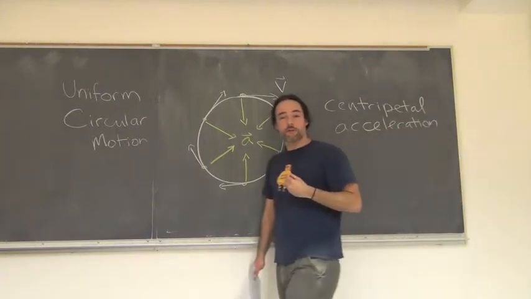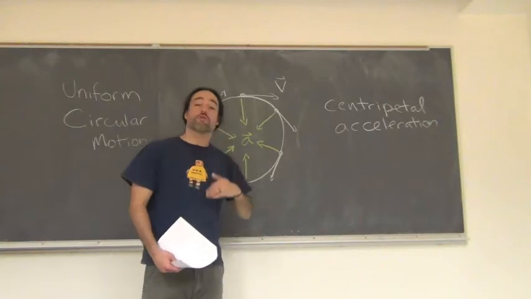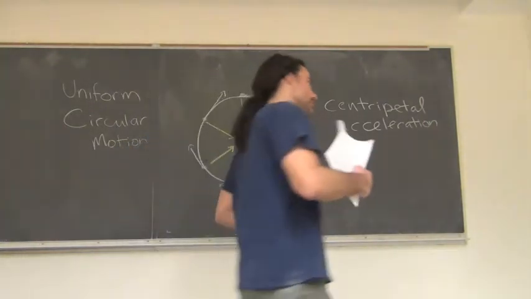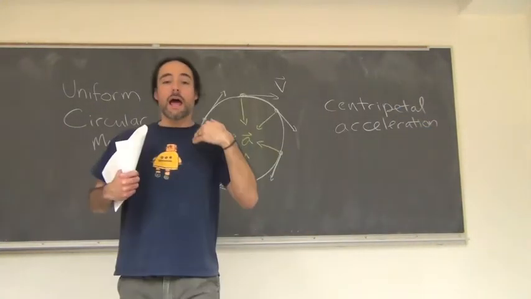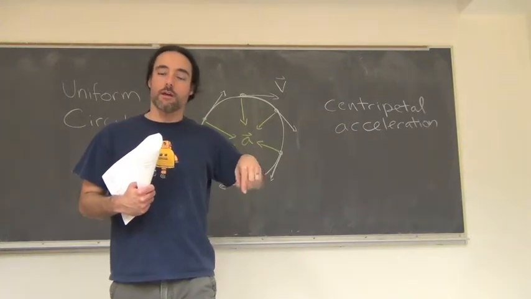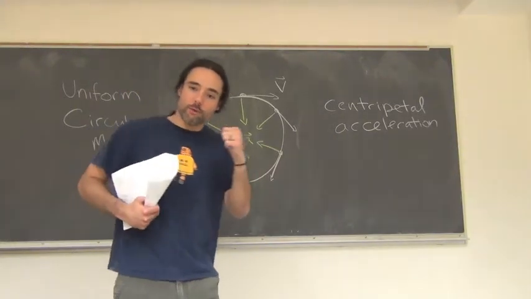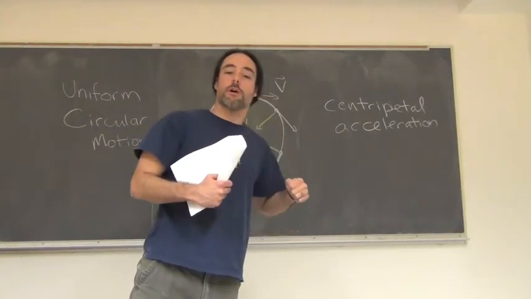And the centripetal acceleration is going to depend on a few things. Suppose you're trying to run around in a circle. How much force do you have to push yourself to keep yourself moving in that circle? Well, when you're running, you're really pushing against the ground.